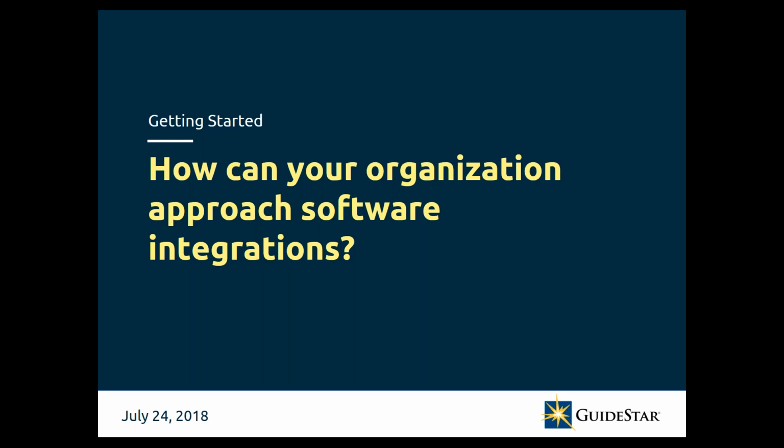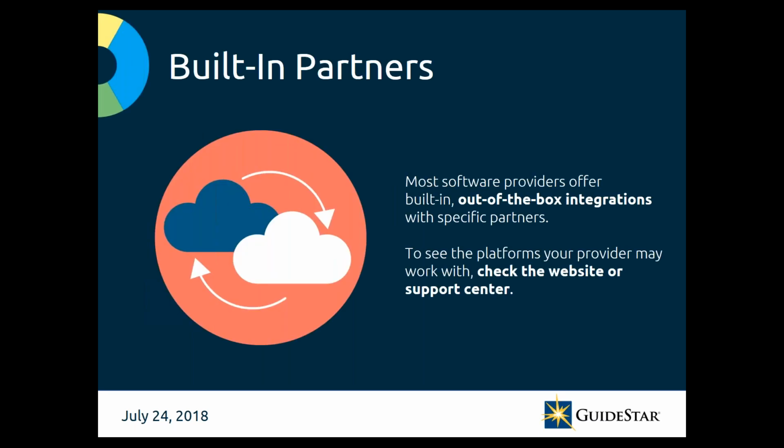So how can you approach software integrations overall? Well, the first is built-in partners. These are when the company, in the case of something like Neon, for instance, builds its own integrations or people build into us. Donor management systems or CRMs are starting to prioritize this more, which is a good thing.